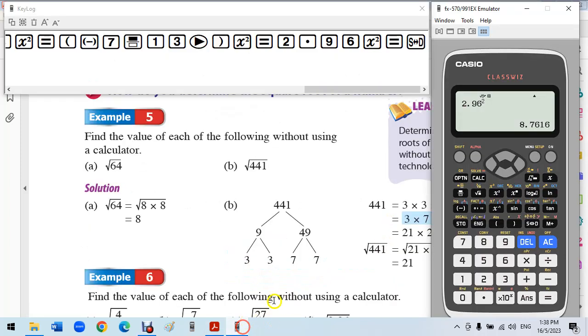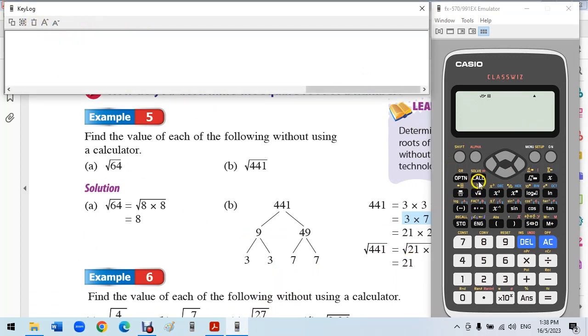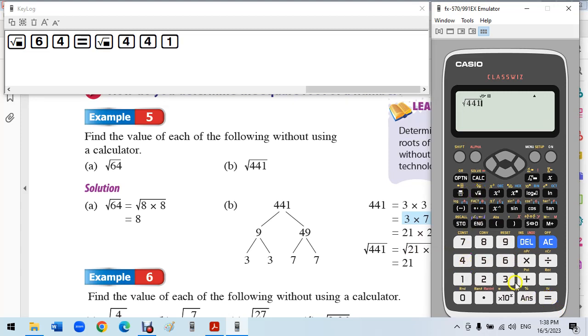so square root, so square root of 64 is 8, square root of 441 is 21.